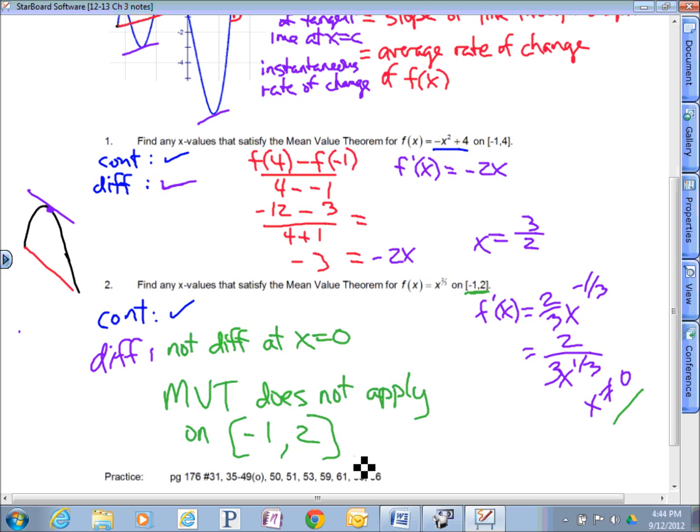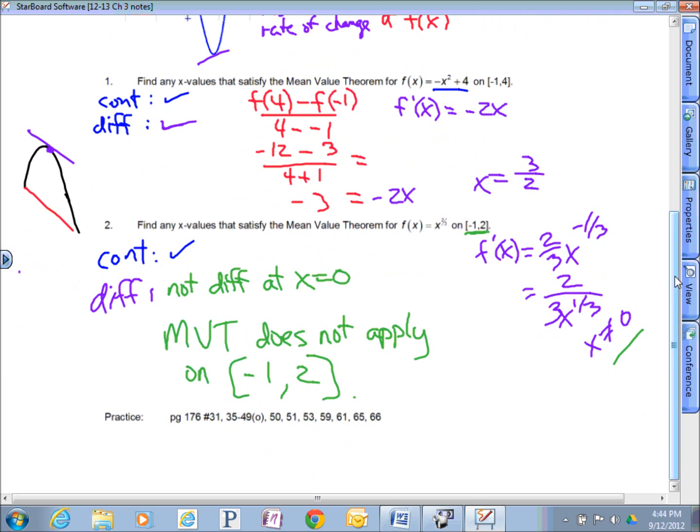Now, interestingly enough, what if the interval would have been different? What if the interval, instead of being negative 1 to 2, was, let's see, how about if we went from 0 to 2?